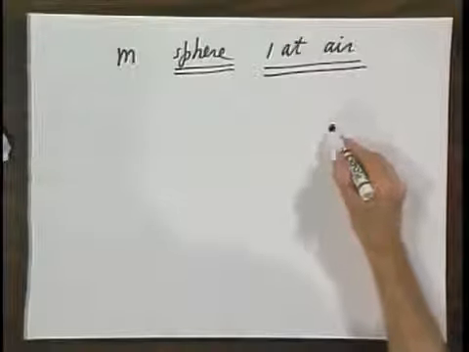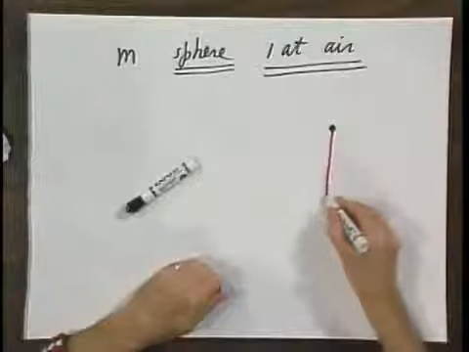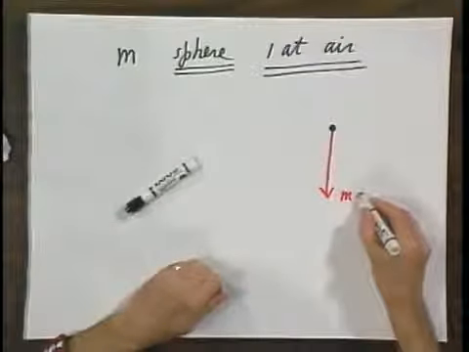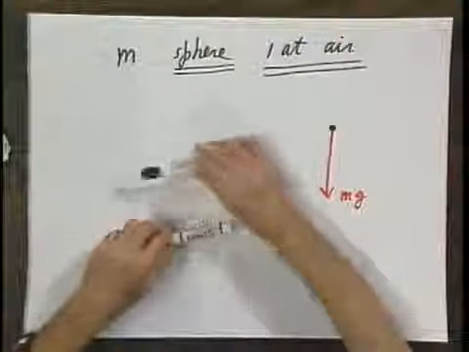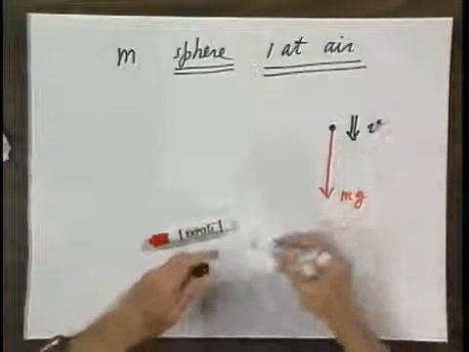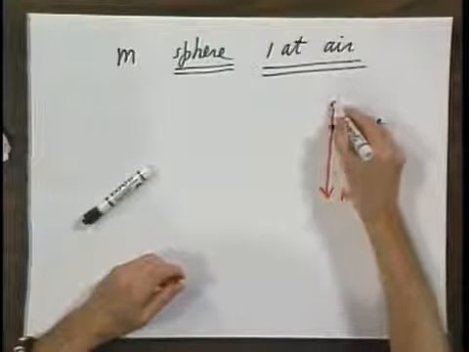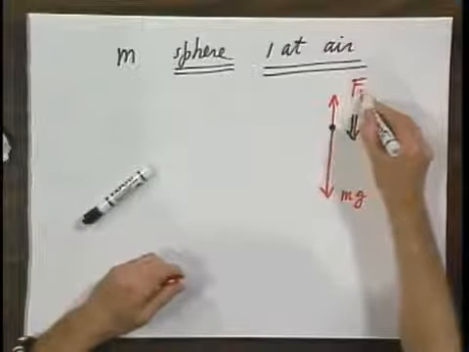So here is that object, and the object experiences the gravitational force, which is mg. At a certain moment of time, it has a certain speed, v, and as a result of this speed, it experiences a resistive force.